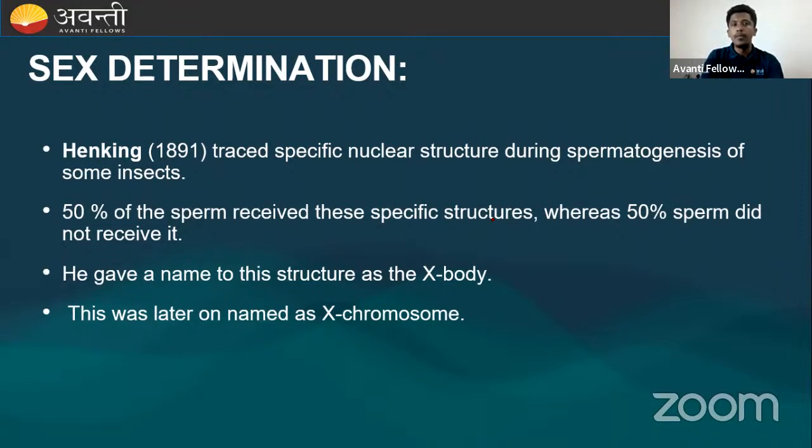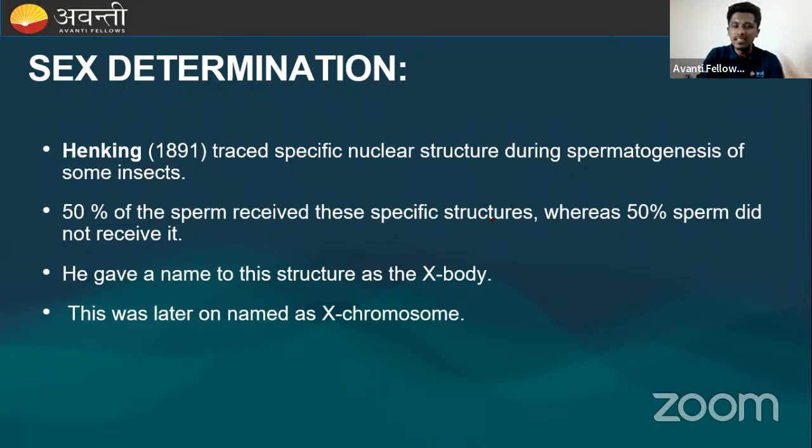Okay. So now, having this idea of chromosomal inheritance, sex determination is something that we can talk about when it comes to chromosomal inheritance. Observing these chromosomal patterns, Henking in 1891 traced a particular nuclear structure during the spermatogenesis of some insects.